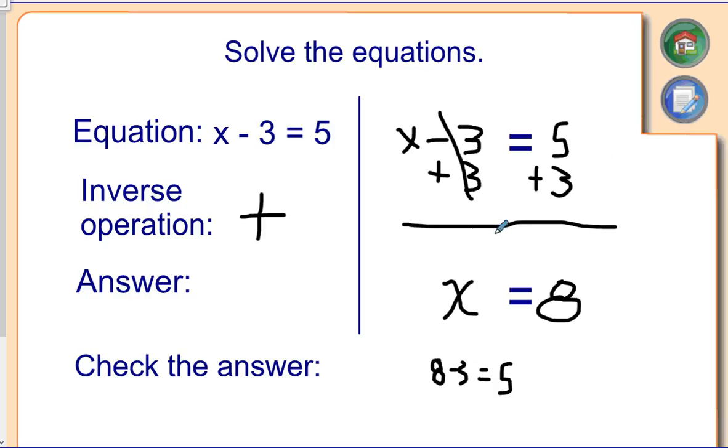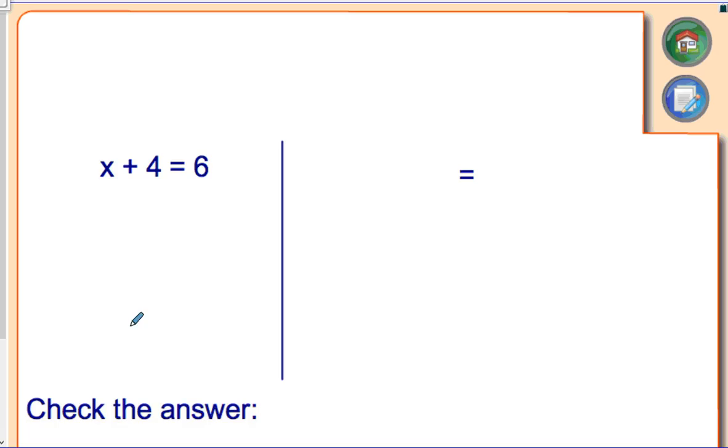Just get in the habit. It makes your life way easier. So write it out like this. Okay, so that would be an example of the addition property of equality in play here because we are adding a number to both sides.